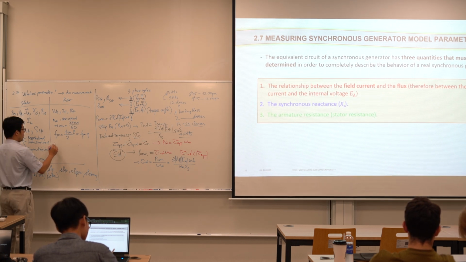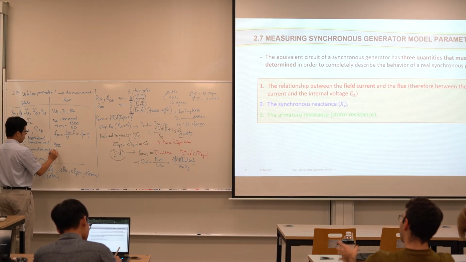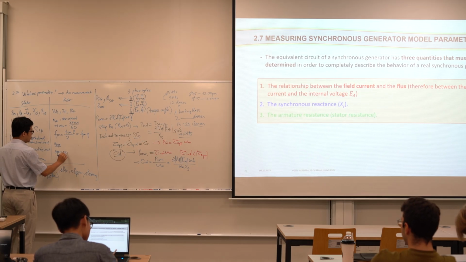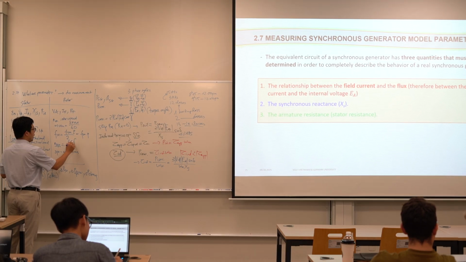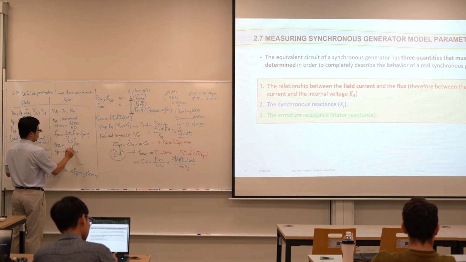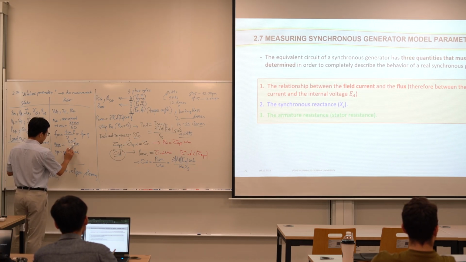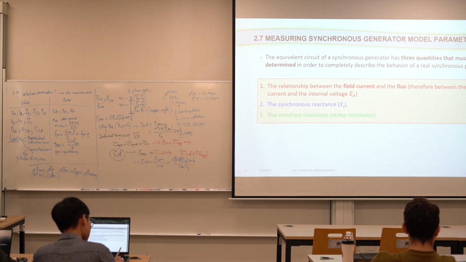Then we also have N sync. What does this mean? This is synchronous speed, sync means synchronous, and it is equal to 60 F over the number of pole pairs.